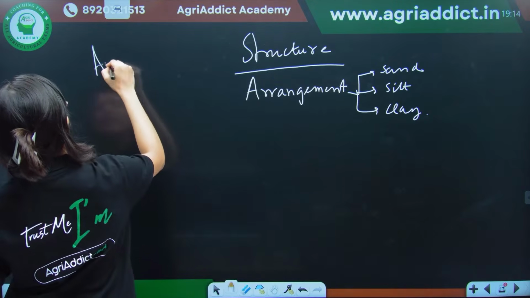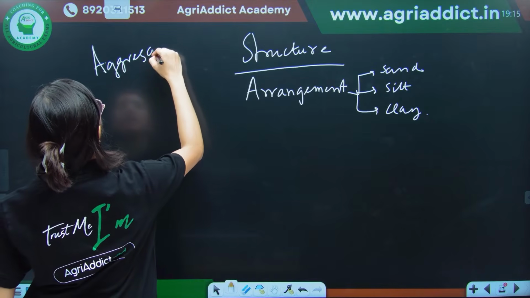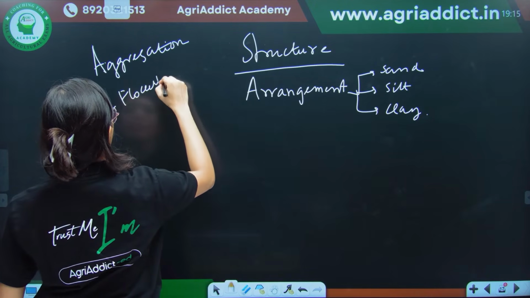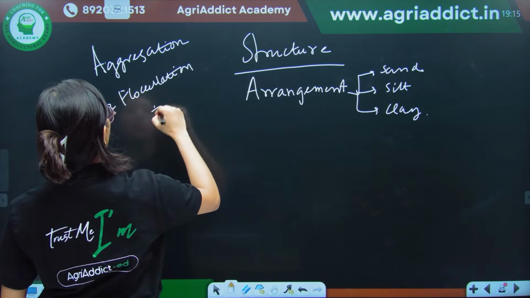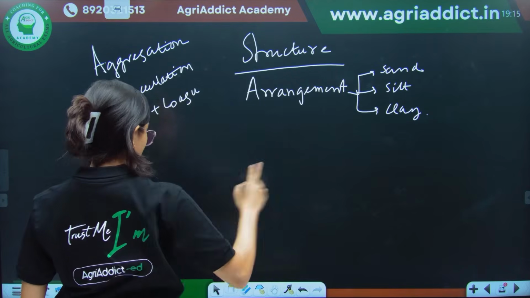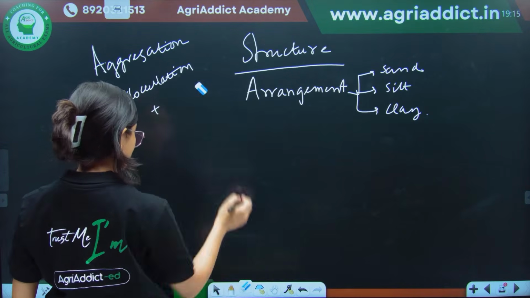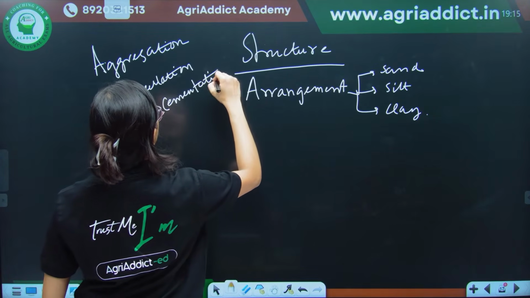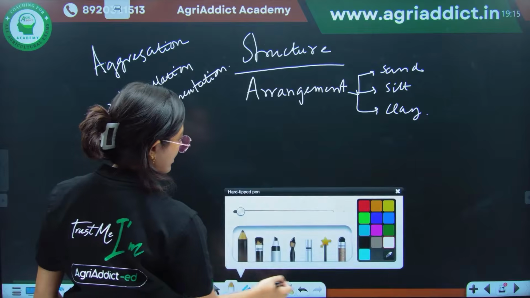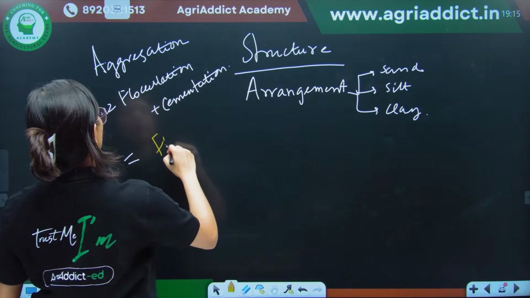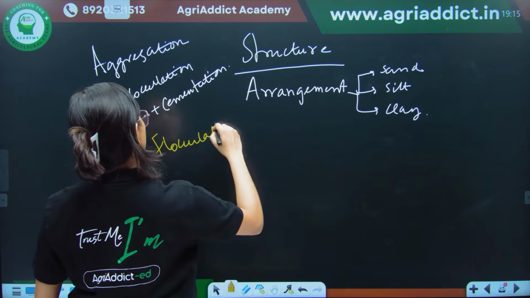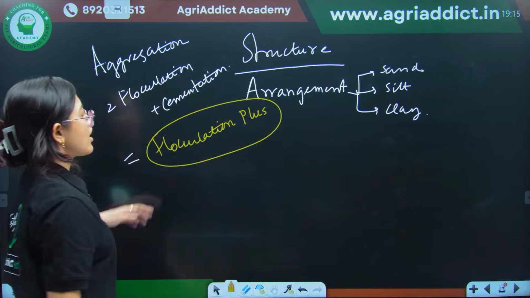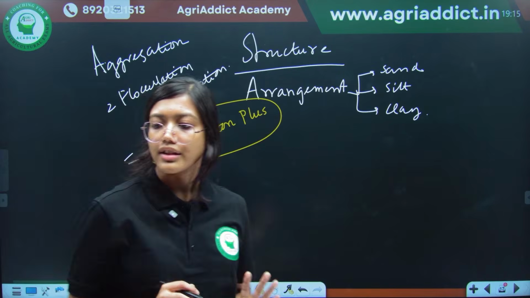So aggregation in your soil is equal to flocculation plus coagulation. Sorry, flocculation plus cementation. That is why aggregation is also called flocculation plus. Why is it plus? Because it also involves cementation.